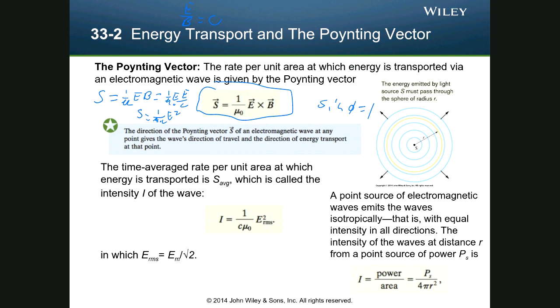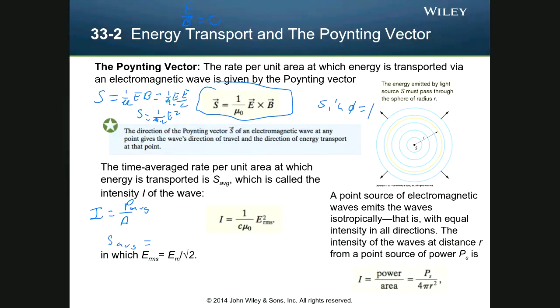So the Poynting vector, it's more correct, instead of saying the power, is the intensity. And so intensity is always equal to the power over the area. All right? So if we want to look at our intensity, it's going to be equal to the average power.